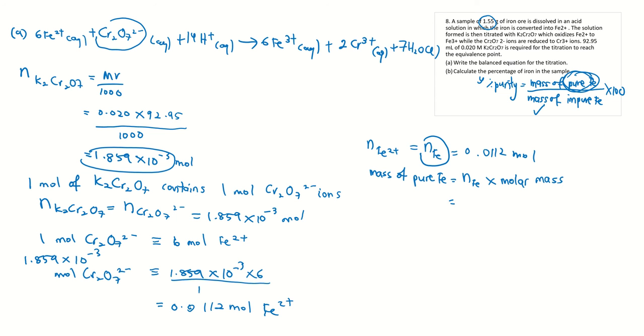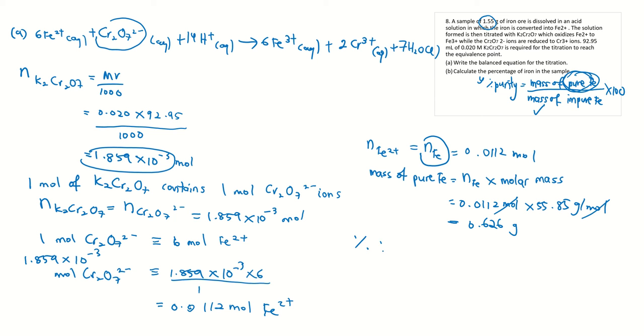So mass of pure iron equals the number of moles, 0.0112 mole, times its molar mass, 55.85 gram, which gives 0.626 gram.